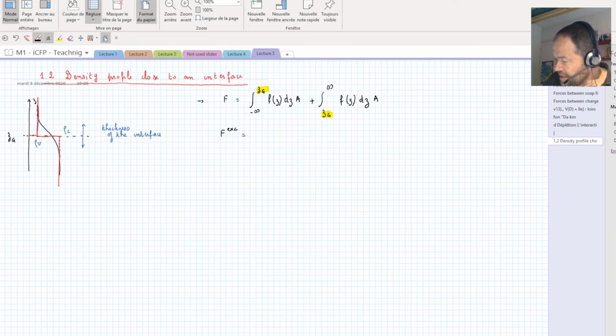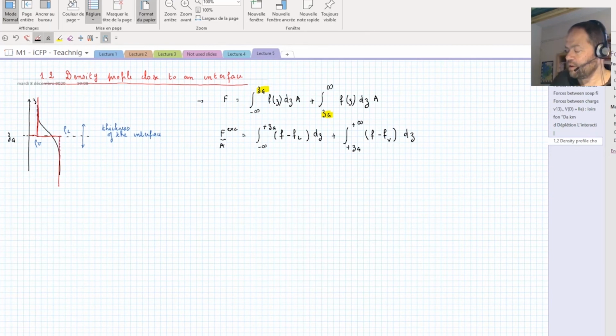So the excess free energy divided by A will be the integral from minus infinity to the Gibbs plane of (f minus f_L) dz, plus the integral between z_G and plus infinity of (f minus f_V) dz.